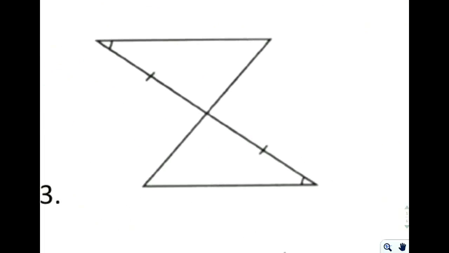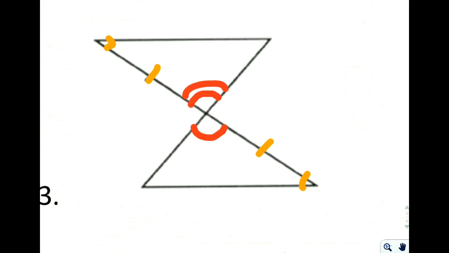Third one here, we have an angle, a side, an angle, and a side. We know that two pieces of information is not enough to prove anything. However, we talked about this before: whenever you see the butterfly, two triangles running into each other with intersecting lines, always take the freebie information. We have vertical angles here.